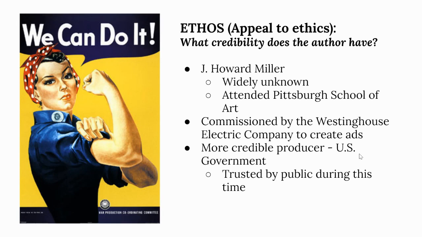The public really relied on the government for information, right? They knew what was happening in the war. They knew the state of the economy. And so the public really trusted the government to do the right thing during this time. So that's just a little bit of information about the author and the intent behind creating such an image.